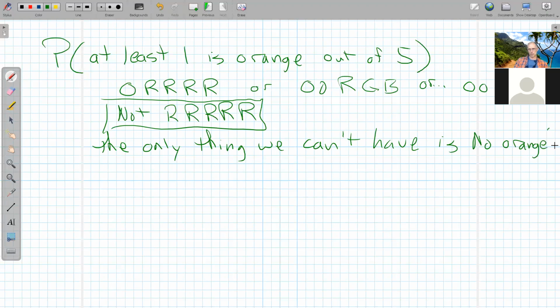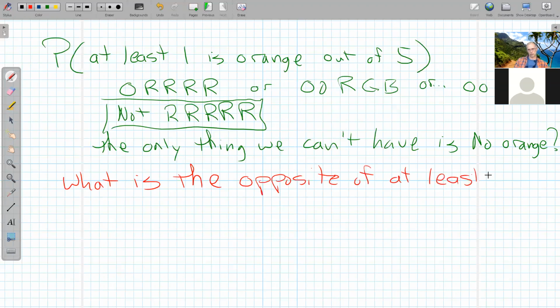So think about that for a second. Another way to state that is that the complement. So what is the opposite of at least one? I think it's none.